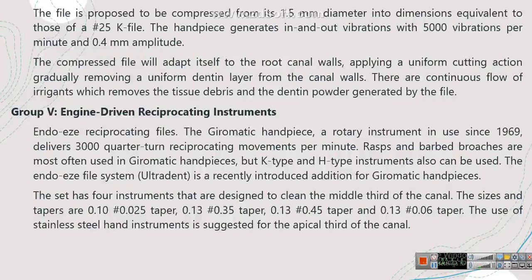Rasps and braided broaches are most often used in gyromatic handpieces, but K-type and Hedstrom H-type instruments also can be used as well. The Endo-Eze file system by Ultradent is a recently introduced addition for the gyromatic handpiece.